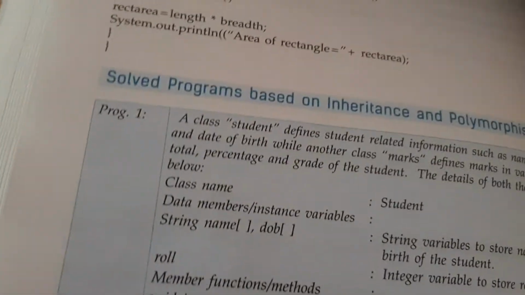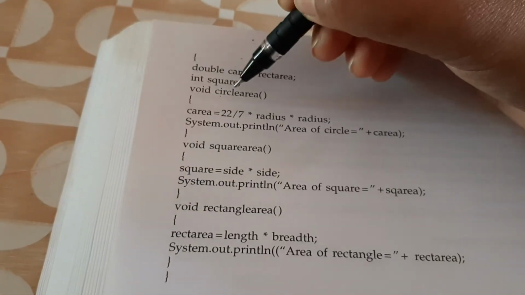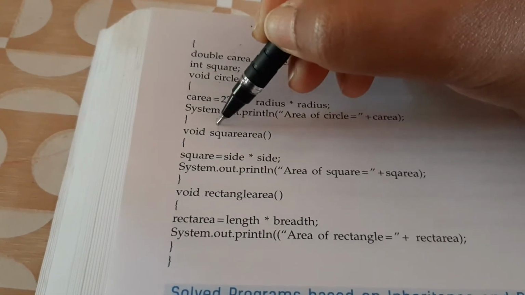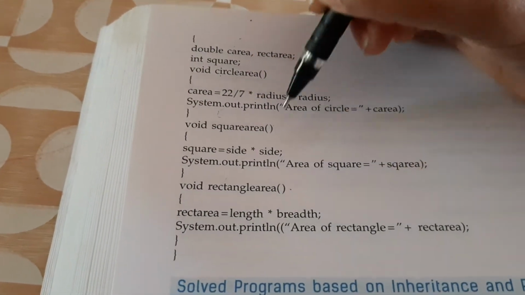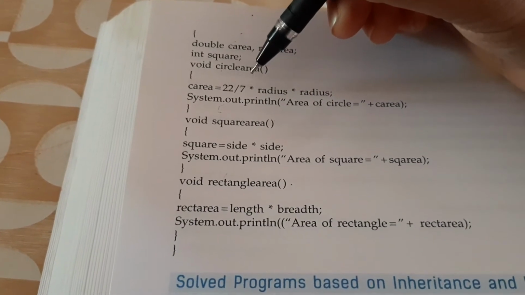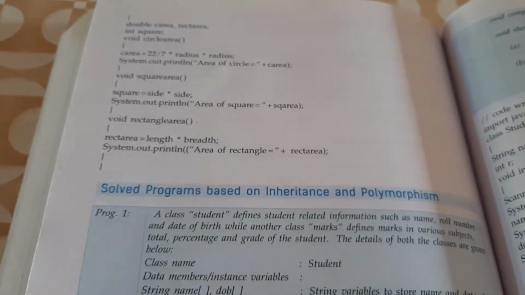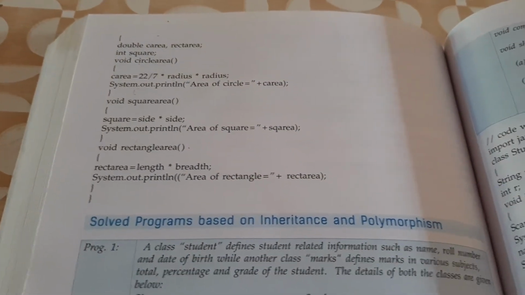If you see the method names, we have circle area, square area, rectangle area. The common behavior we are trying to find using the interface is the area of a circle, a square and a rectangle.